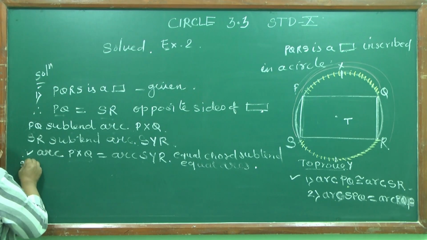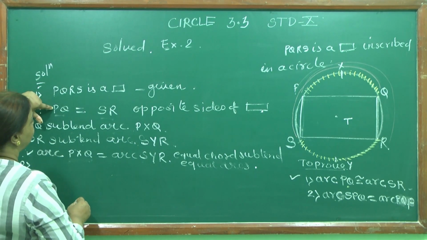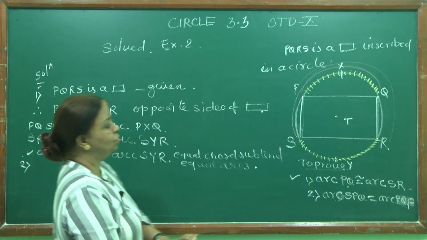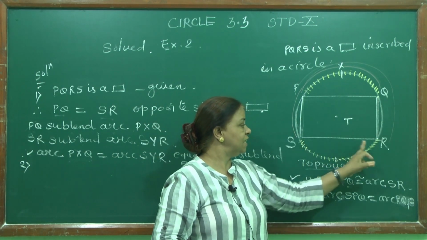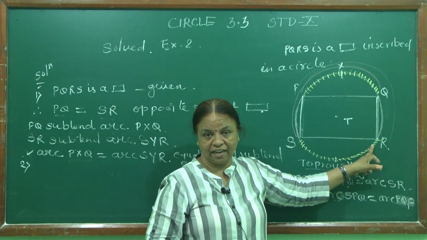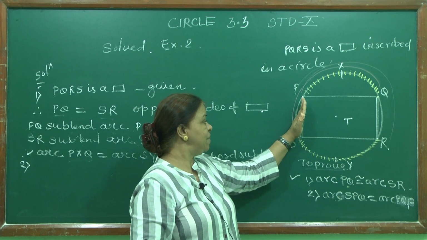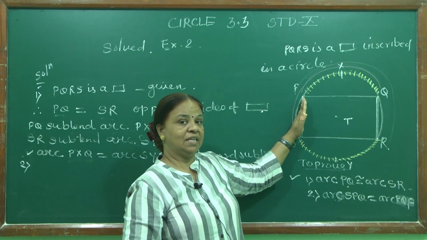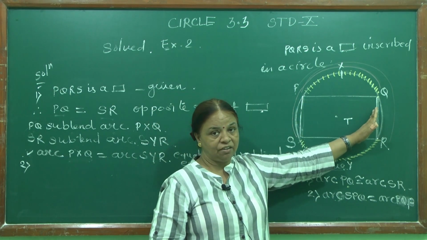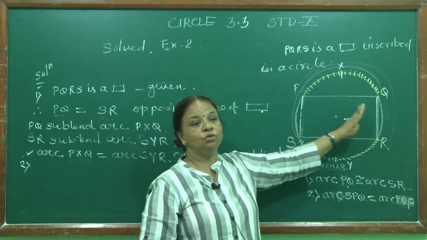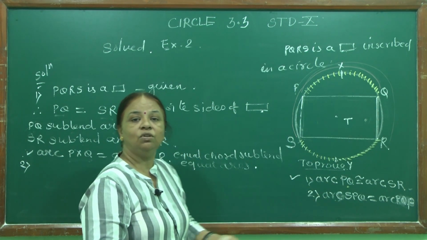Now second point is here, PQ side is opposite to SR and they are the sides of the rectangle, therefore they are equal. So PS is also the side of the rectangle, QR is also a side of the rectangle. So both are opposite to one another, therefore they will be equal to one another.